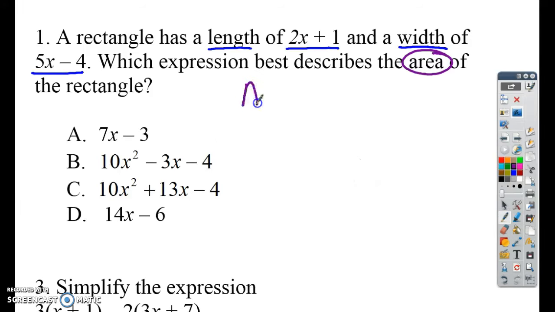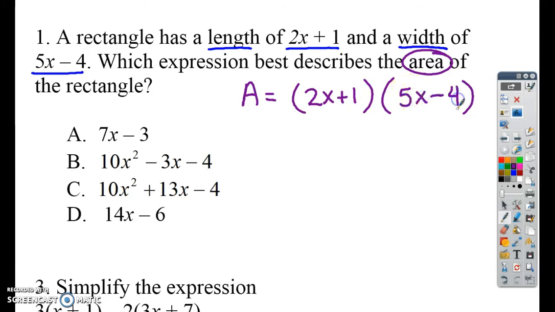The area equals length times width. The length is 2x plus 1 and the width is 5x minus 4. So what would you do to find the area now? How can you simplify that?